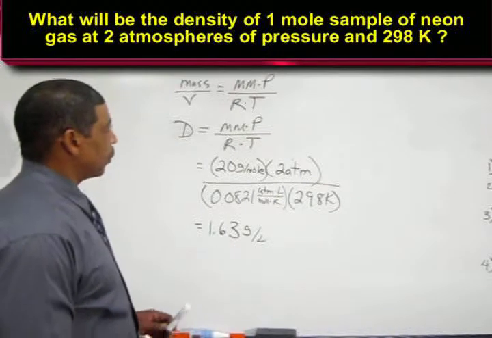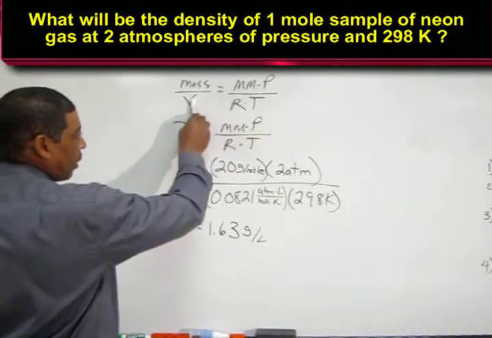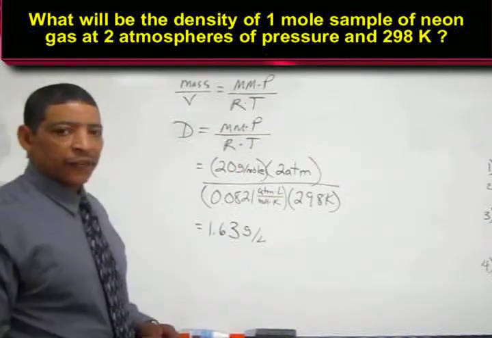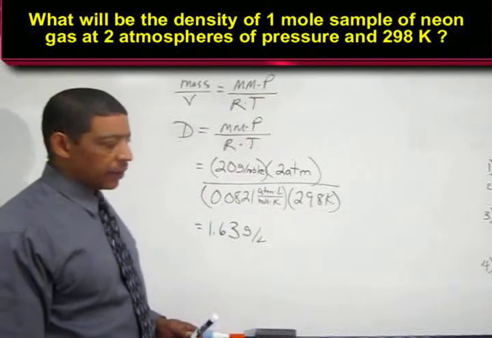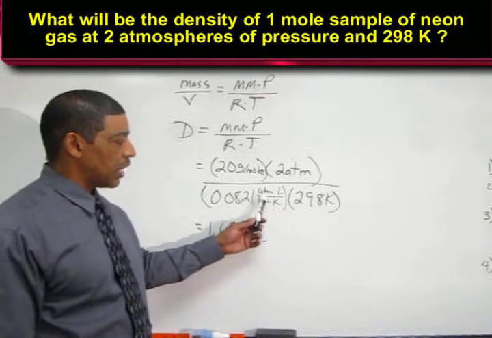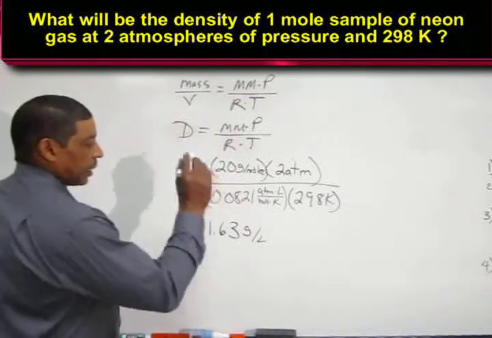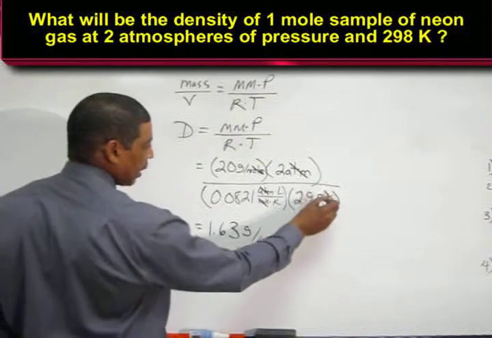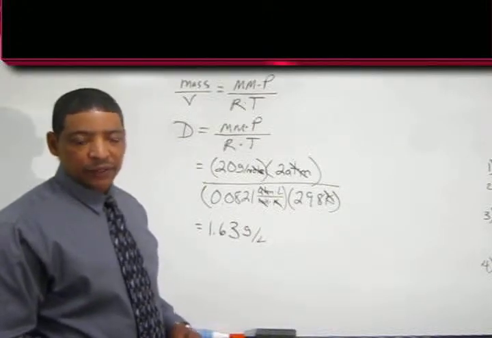To do so, simply use the rearranged version of the ideal gas law, where solving for D, mass over volume, is equal to molar mass times pressure divided by R times T. Inserting information will generate the following: 20 grams per mole times 2 atmospheres divided by 0.0821 atmosphere liter divided by mole K times 298 K. Canceling the units, where moles will cancel, atmospheres will cancel, and K will cancel, leaves us with the following units: grams per liter, which is also a unit for density.